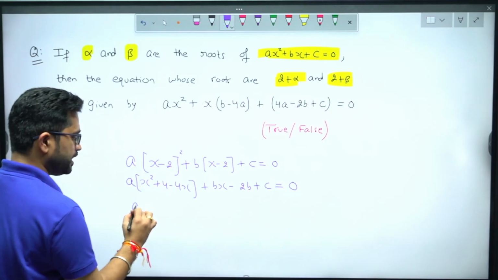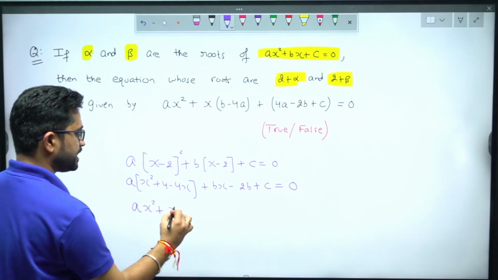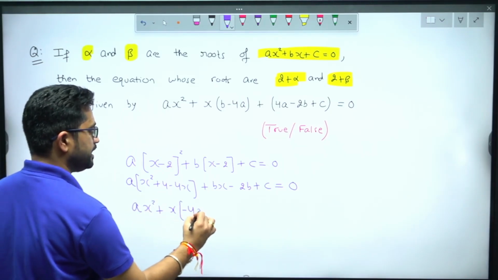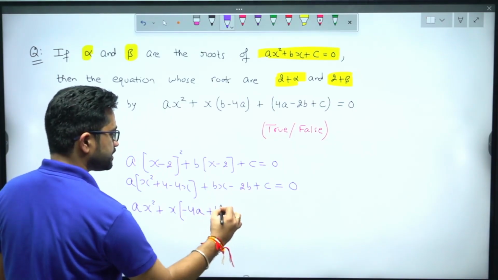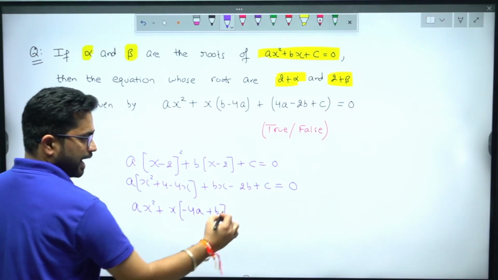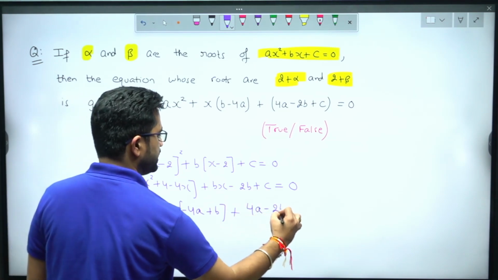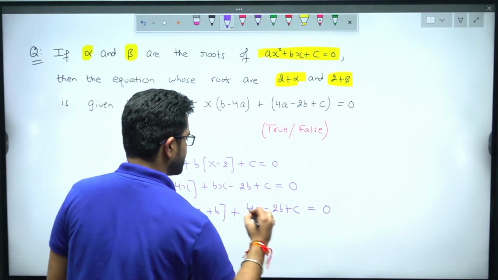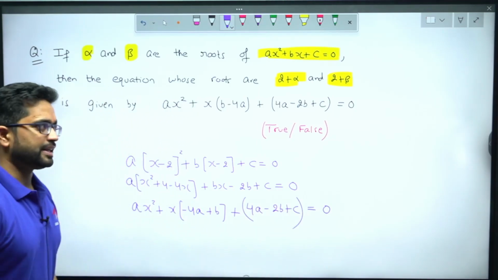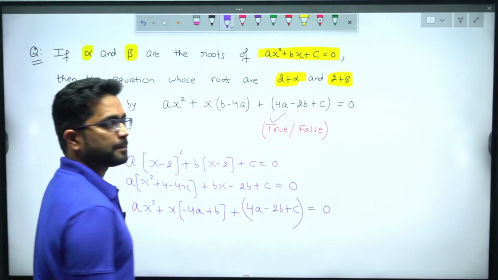So this comes out to be ax square, and with x you have minus 4a plus b, the terms containing x, and the constant terms are 4a minus 2b plus c. Check. Yes, this statement seems to be true, exactly matching.